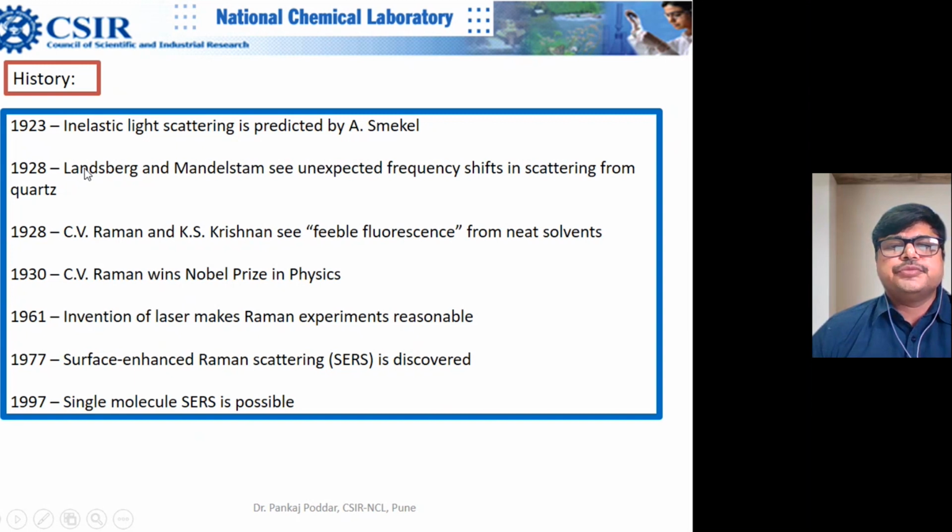Then in 1928, Raman and Krishnan saw a very feeble fluorescence from neat solvents, and Professor Raman wrote a paper in Nature, and based on that, after 2 years, he got the Nobel Prize in Physics.